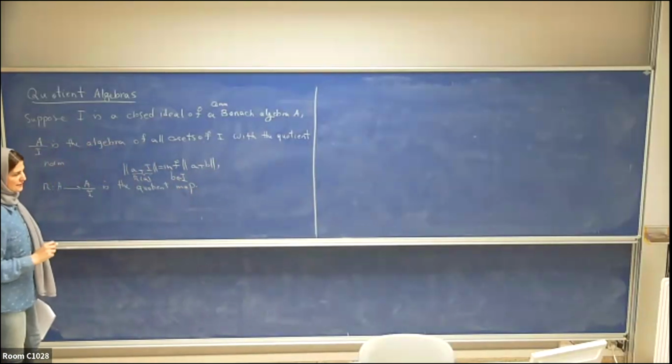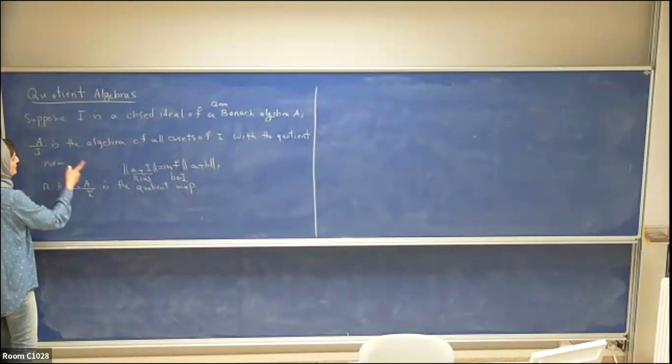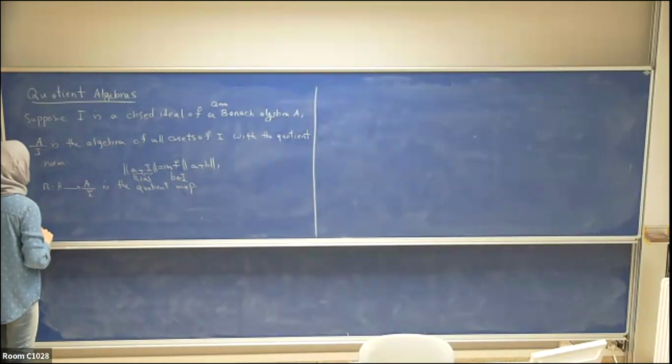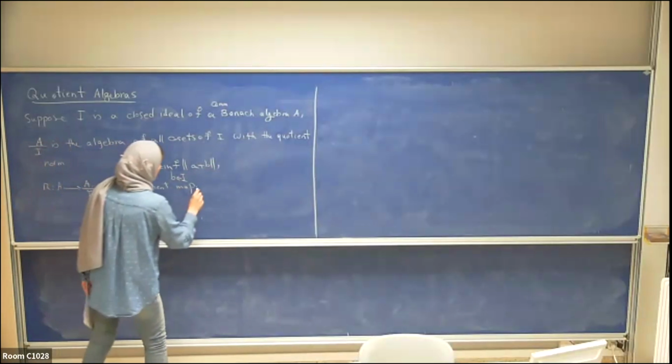From functional analysis, we know that with this norm, A over I is a Banach space.